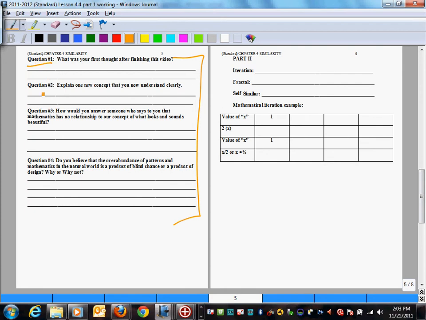These are subjective, responsive questions 1 through 4. That means they're your ideas. Do not write like you're trying to give me a specific answer. I want you to write what you're thinking. When you're done, bring it over for a sign-off. I'll give you a few minutes to do your study guide. At the 15, we're going to shift and do one last little activity right at the end of class.